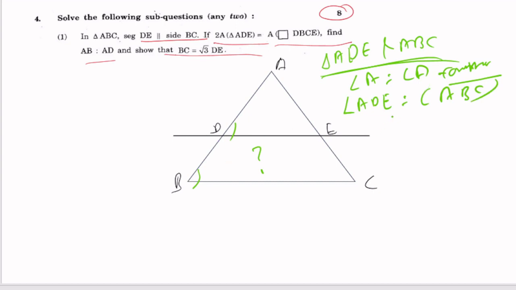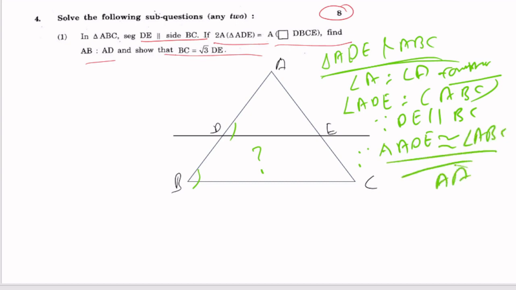We have a parallel line. Which parallel line? DE parallel to BC. Therefore, we can prove that triangle ADE is similar to triangle ABC. Which method? AA test. Okay, the moment you can prove this, ADE is similar to ABC.